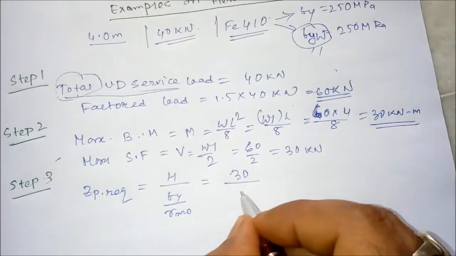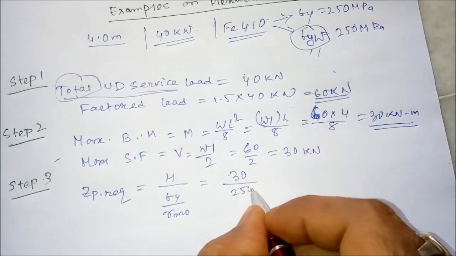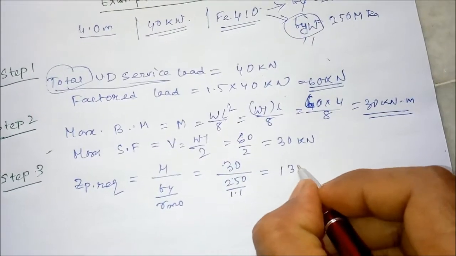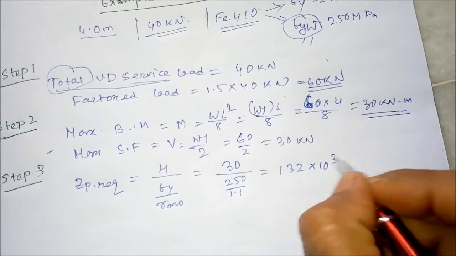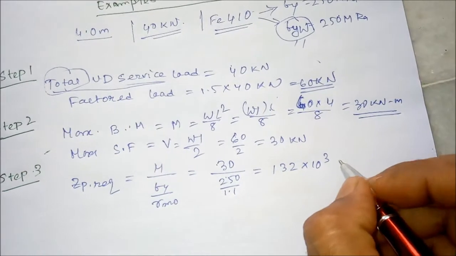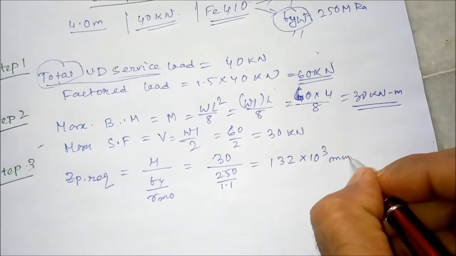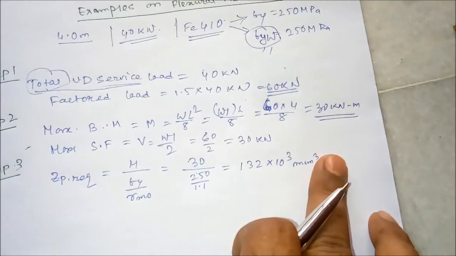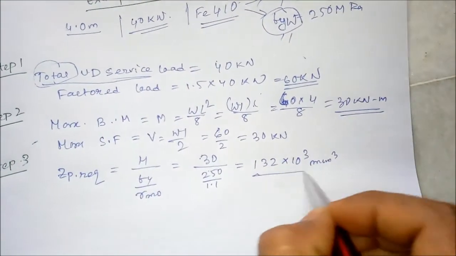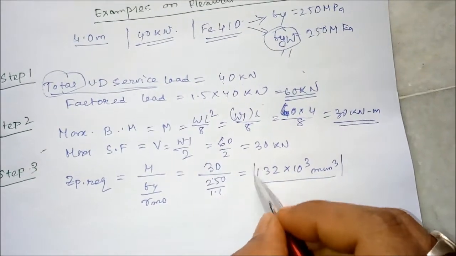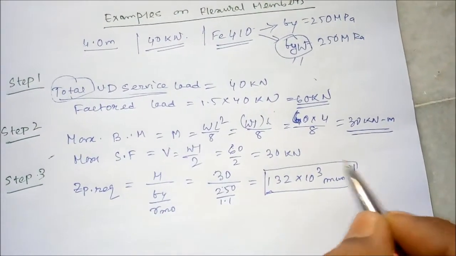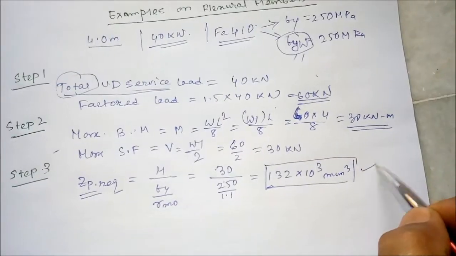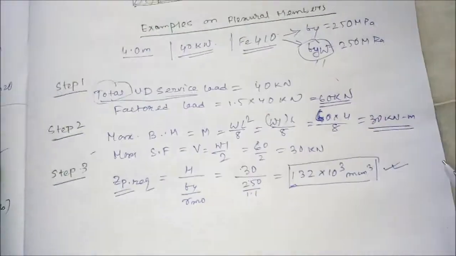So this is 30 divided by Fy 250 divided by 1.1, so this comes to 132 multiplied by 10 to the power 3, in mm cube, right? So this is our guideline. We have to take one section which will have a ZP value greater than this at least.